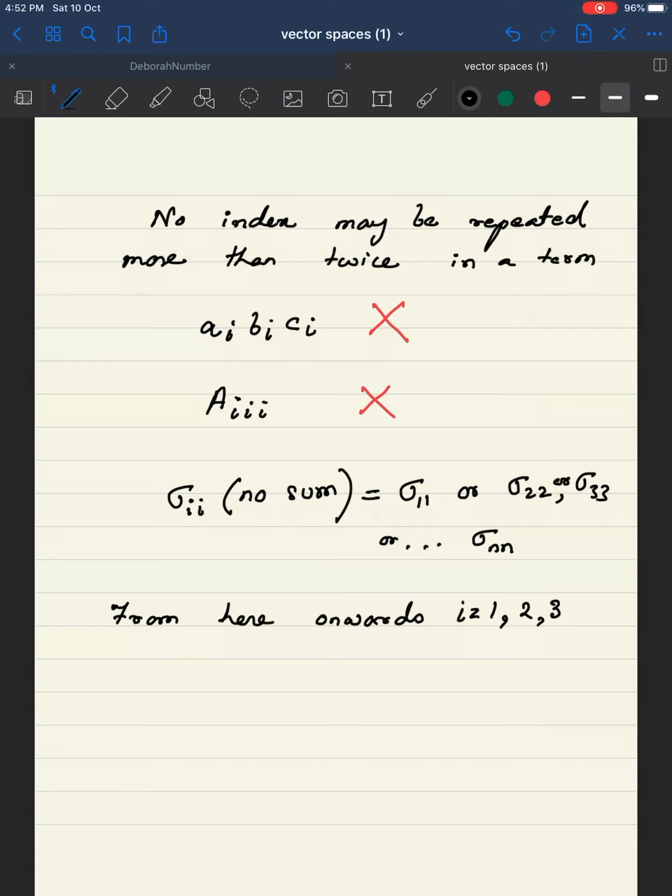Okay. So now we introduce one more important term, the Kronecker delta. This is a rather important term.